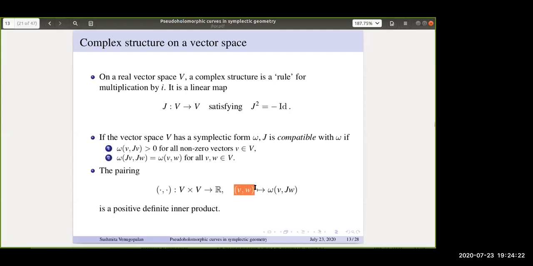So if I take V equals W, then what I get on this side is omega applied on V comma JV, and that's positive. So that ensures that it's a positive pairing. So that's the effect of the first condition.